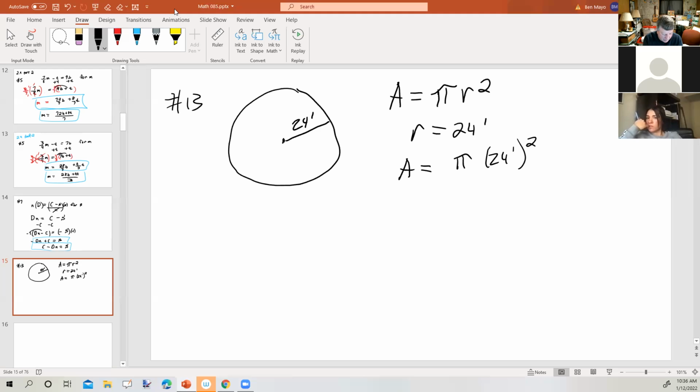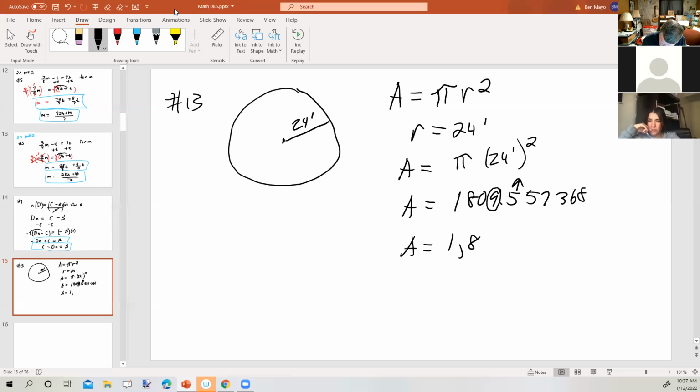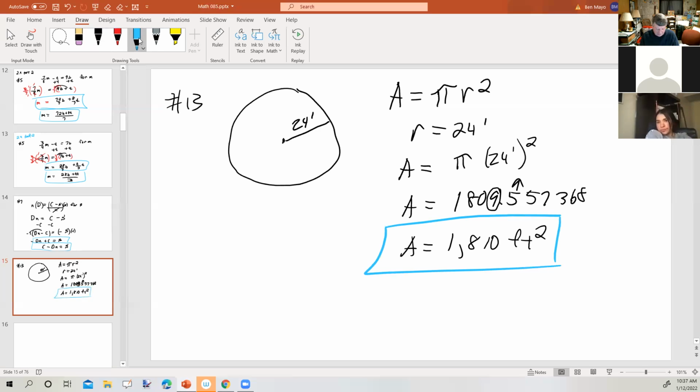So we're going to take pi times 24 squared, and we get 1809.557368, but it says round to the nearest square foot. So that would be right here. The 5 in the next place would round up. So the area would be 1,810 square feet. Any questions about that problem?